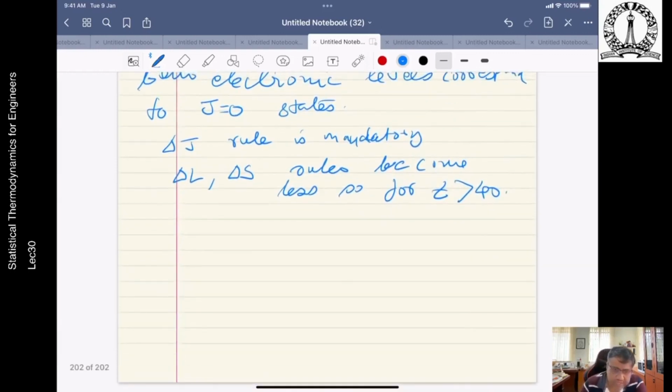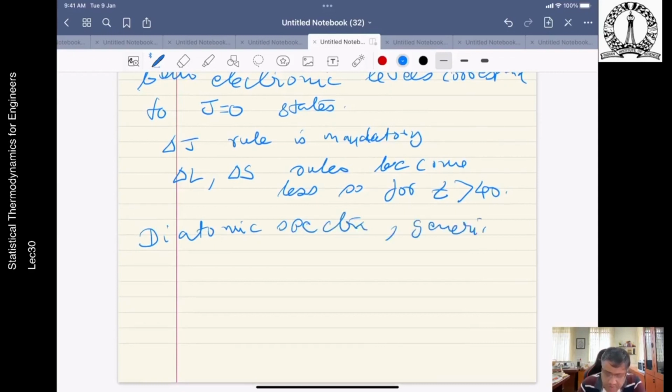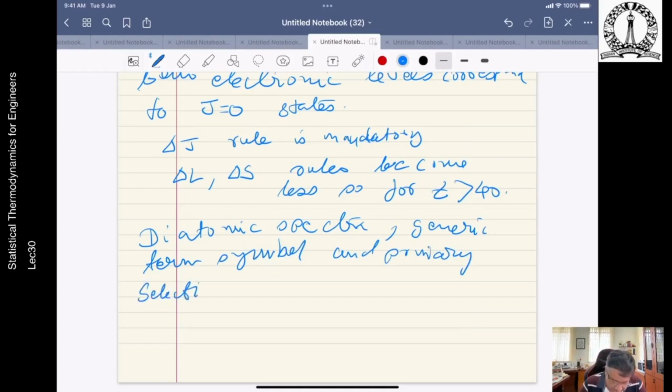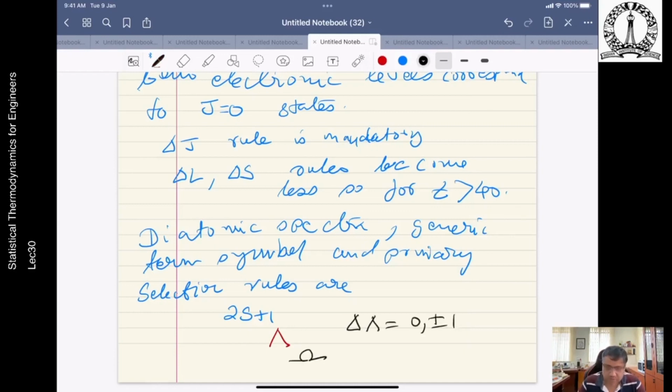Now let us look at diatomic spectra. Here the generic term symbol and primary selection rules include delta S equal to 0.